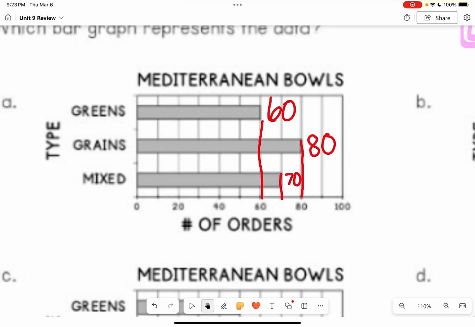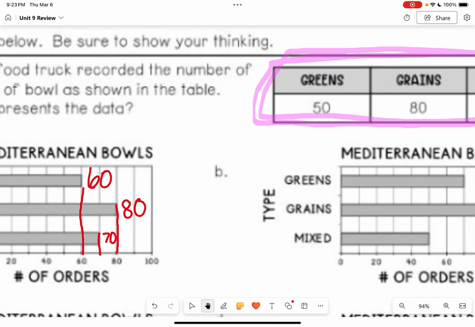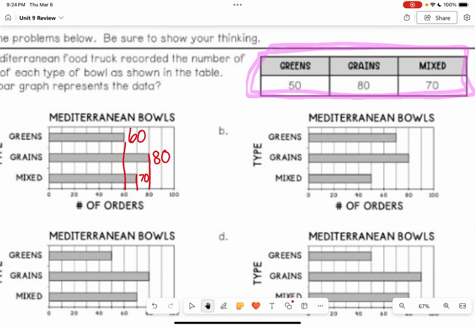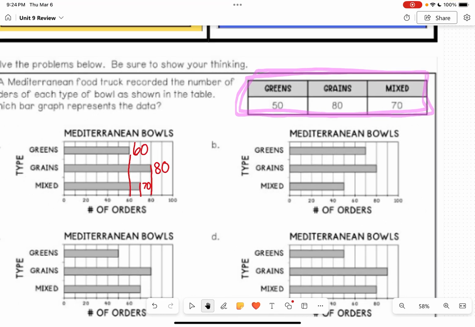Okay. So looking at my bar graph and looking at the pink box, are the numbers correct? So mixed is correct, grains is correct, but greens is incorrect. It has to be 50, but on our bar graph we show 60. So this one is out.